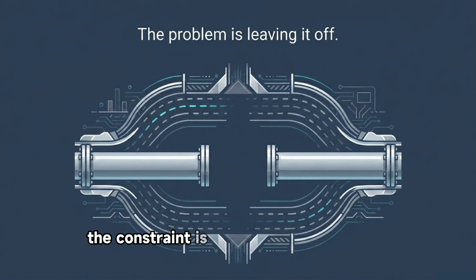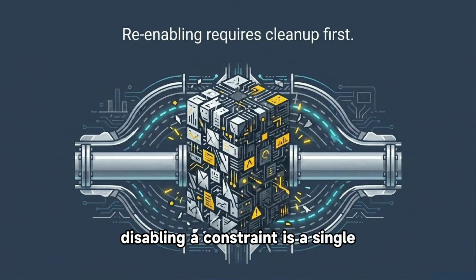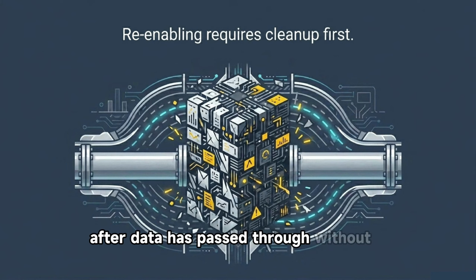The constraint is disabled under pressure. The immediate crisis passes, and the constraint remains off because re-enabling it has now become a project in itself. This happens for a structural reason. Disabling a constraint is a single action. One command, one configuration change, 30 seconds. Re-enabling a constraint after data has passed through without it is a much larger undertaking.